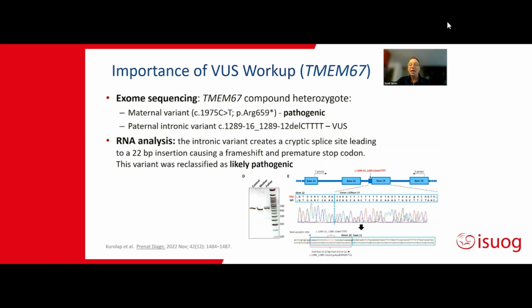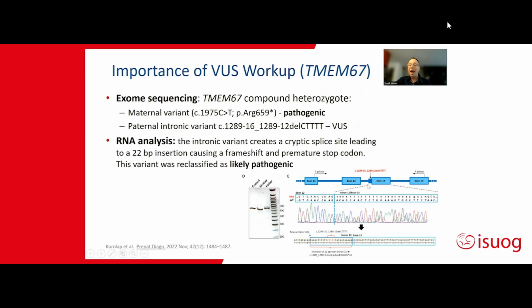So what we did, we ran RNA analysis. We took the father's cell, extracted RNA, and did RNA sequencing. And the RNA sequencing actually told the tale, because this deletion creates a cryptic splice site in the intron.